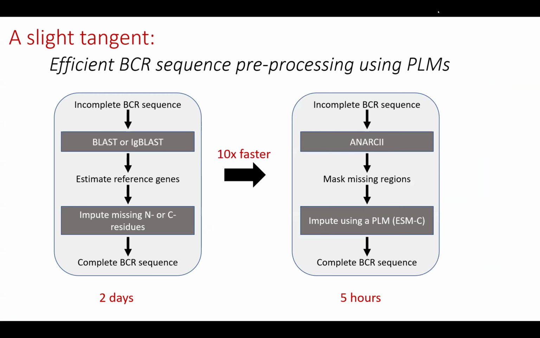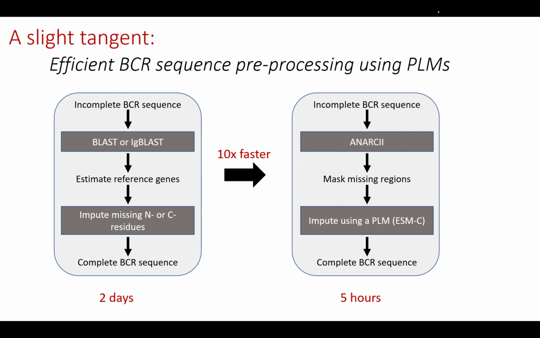You can actually use a language model to do this much faster. The key idea is that NRKey, the CDR numbering program, is good enough that it can actually mark out missing locations on the N and the C termini. And then you can use a foundation model. In this case, we used ESMC, which is one of the more recent ESM models from the ESM folks.